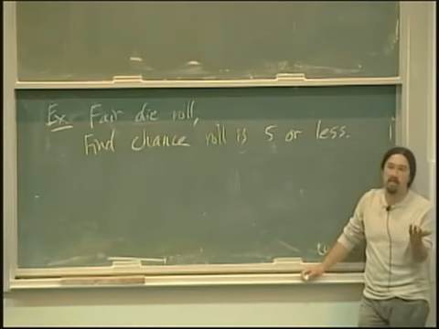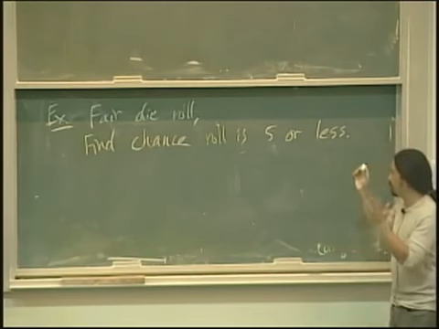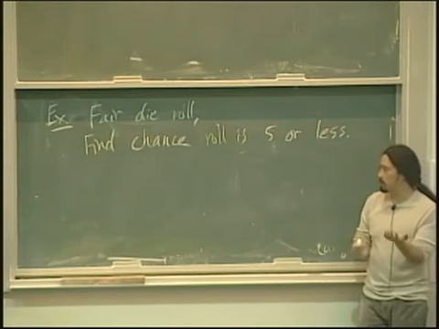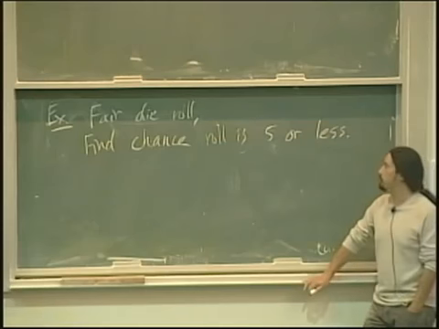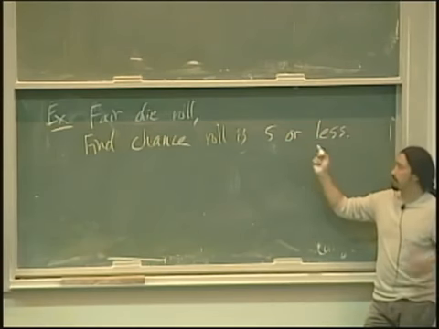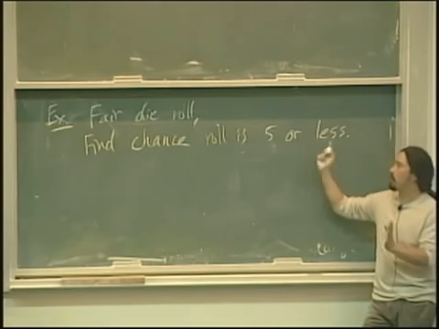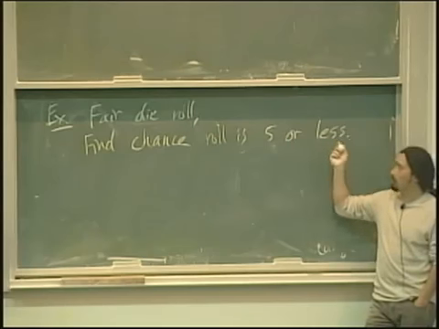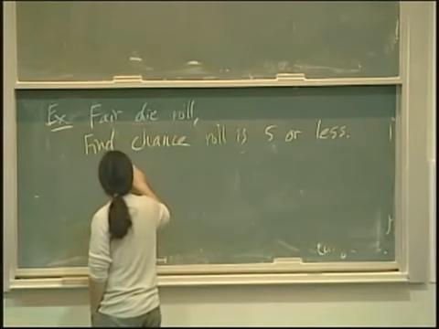So you could just think about that using equally likely outcomes, okay? And you just count, right? There are 5 ways to get a roll 5 or less. 1, 2, 3, 4, 5, 6 possible outcomes, so the chance is going to be 5/6. You could also, if this was confusing for some reason, or it'd be hard to count those things, think about this as the complement of rolling a 6.